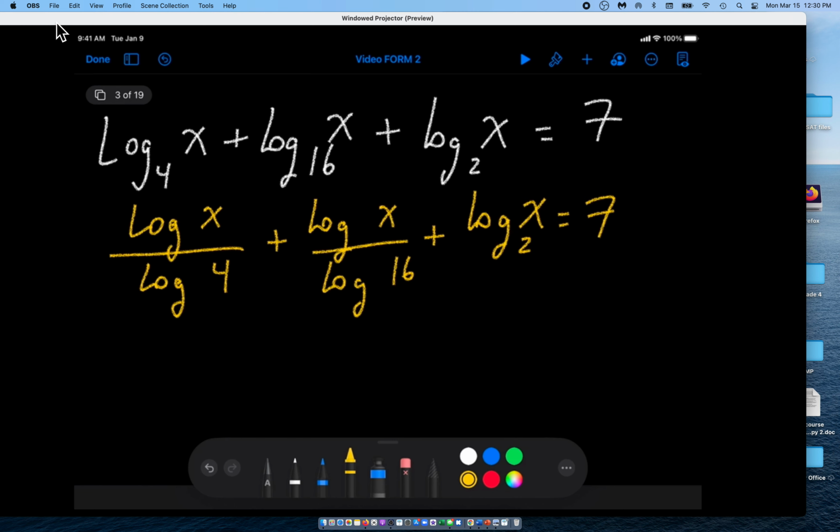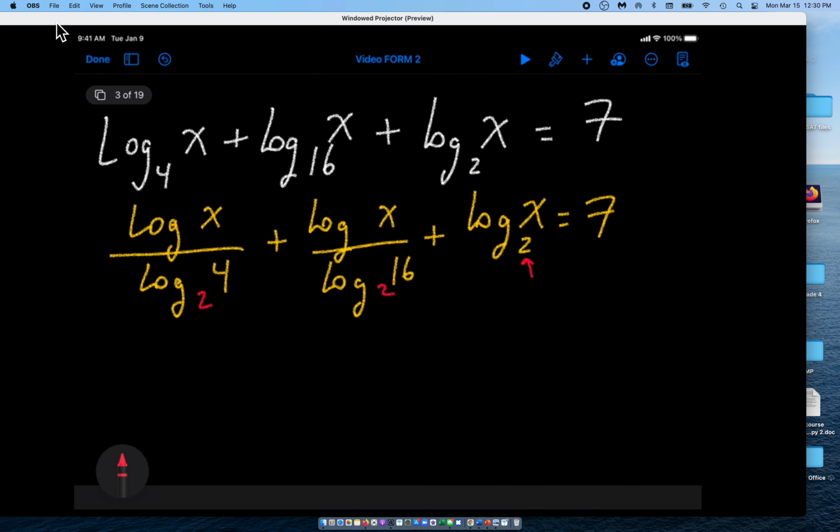Okay, now which base are we going to pick here? Well, I gave you a hint when I left that last term alone. We're going to choose base 2. And the reason is, if we choose base 2, we'll be able to evaluate the denominators of the first two terms.